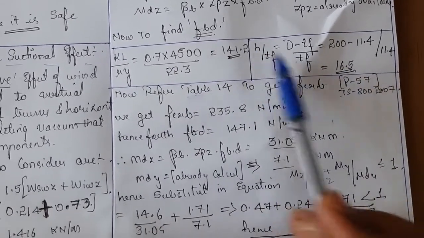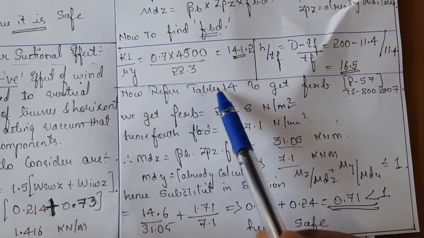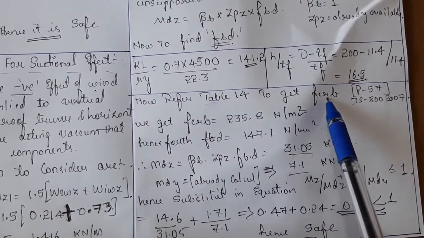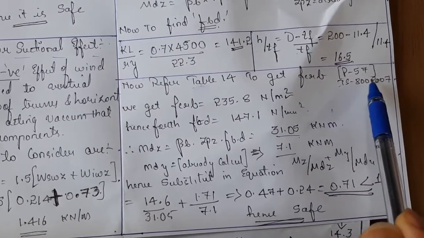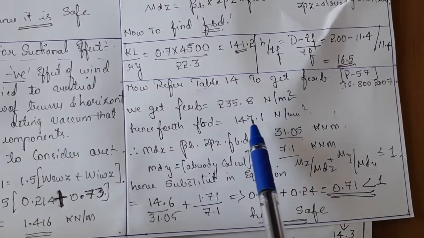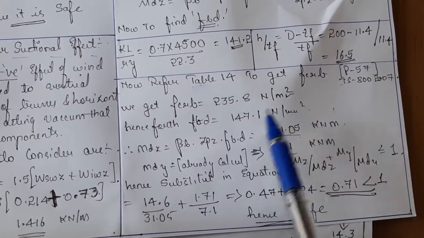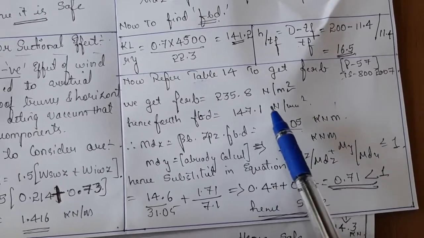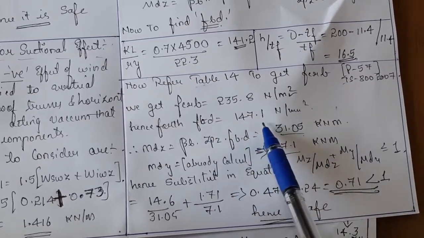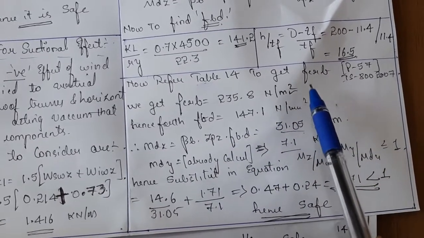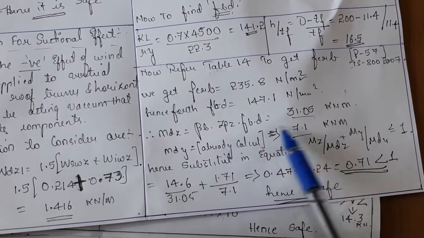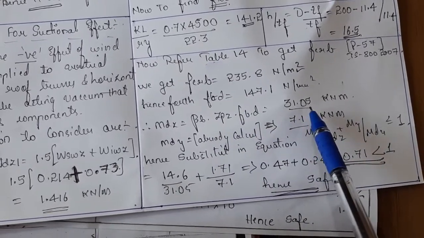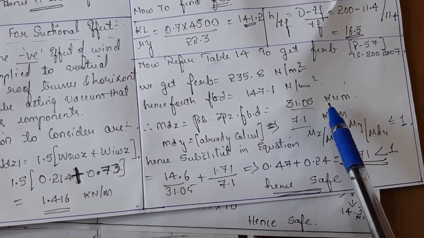Now when you have both these values, referring to table 14, you will get the critical stress, FCRB, from page number 57 of IS 800 2007. We get FCRB as 235.8 critical stress. Once you get FCRB, you will get FBD as 147.1 Newton per mm square by looking into the table. Then you substitute that value in the MDZ formula to get MDZ, and MDZ is 31.05.